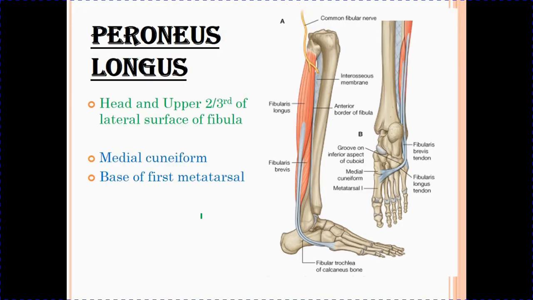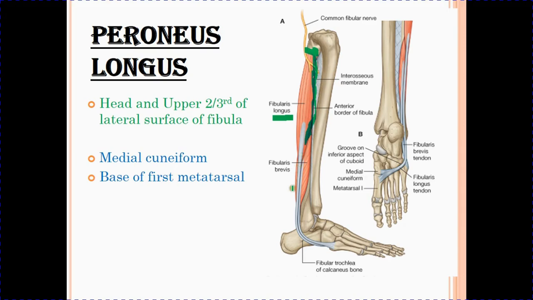The first muscle, peroneus longus, we are going to discuss the origin and insertion. Now see, the peroneus longus is arising from the head and the upper two-thirds of the lateral surface of the fibula. This is the fibula. The fleshy part of the muscle is converted into a tendon.